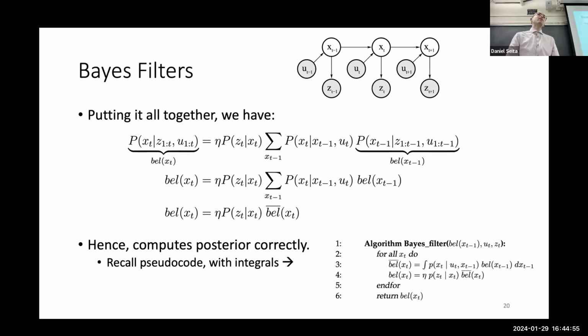Imagine you have two states of the door, open or closed; we'll get to an example later. We have to account for the probabilities of all the possible values of the state.